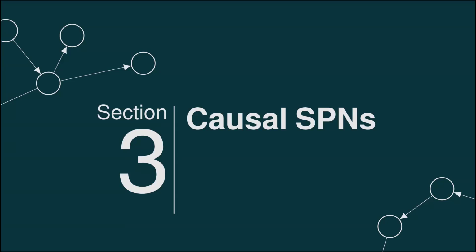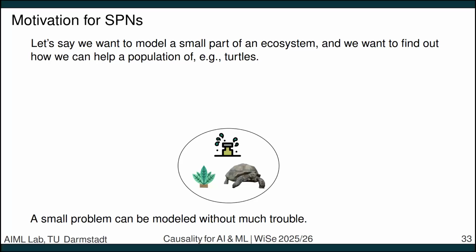So the third thing I want to talk about are causal SPNs, which are density estimators. And the thing with all the prior models was that they work quite well. They are able to simplify image data to a set of causal variables.